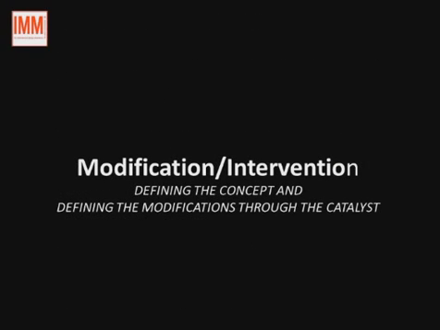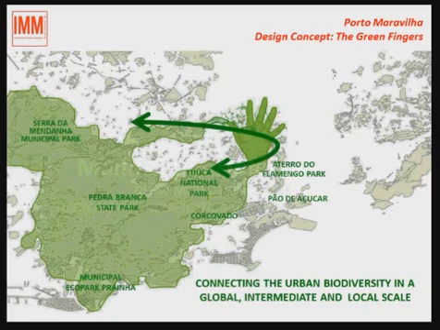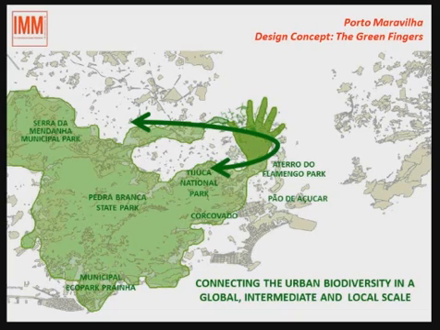Modification and the intervention. The new DOPs arrangement guides the modification and the intervention phase. On a global scale, the modification intends to create a metropolitan green network, linking the local area to the Tijuca forest by connecting the available green space.